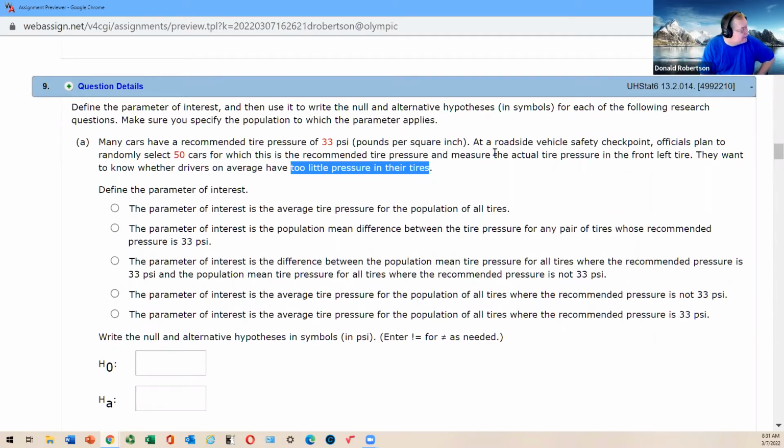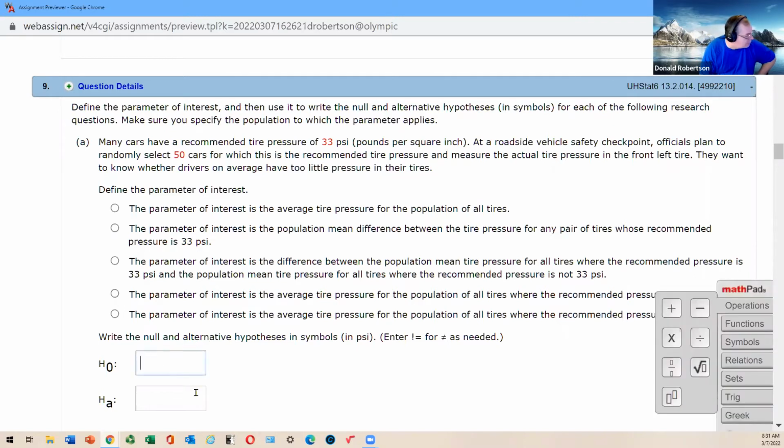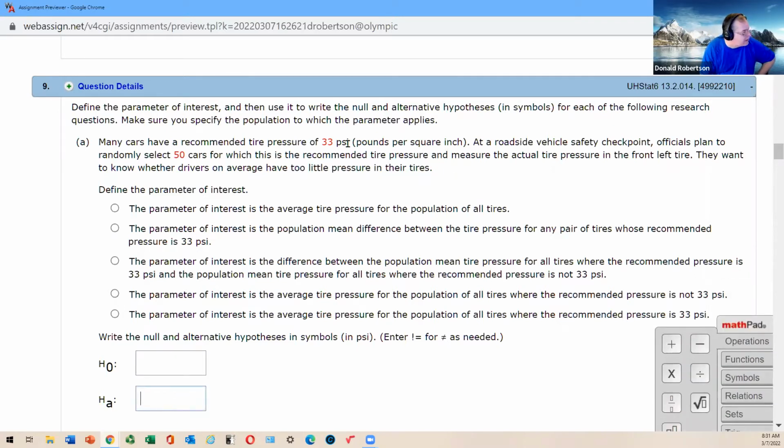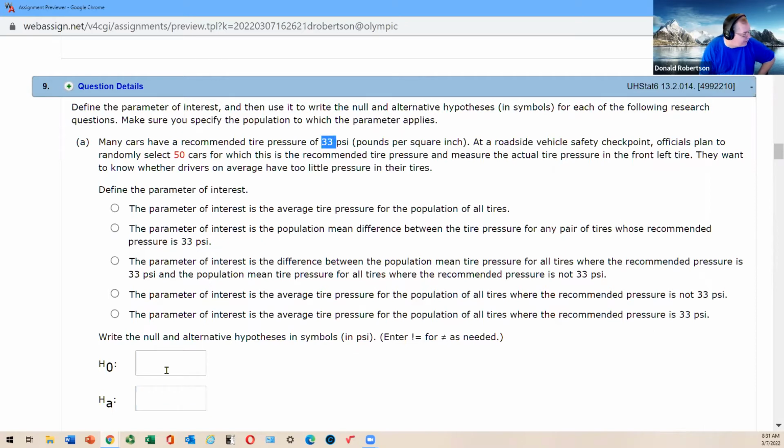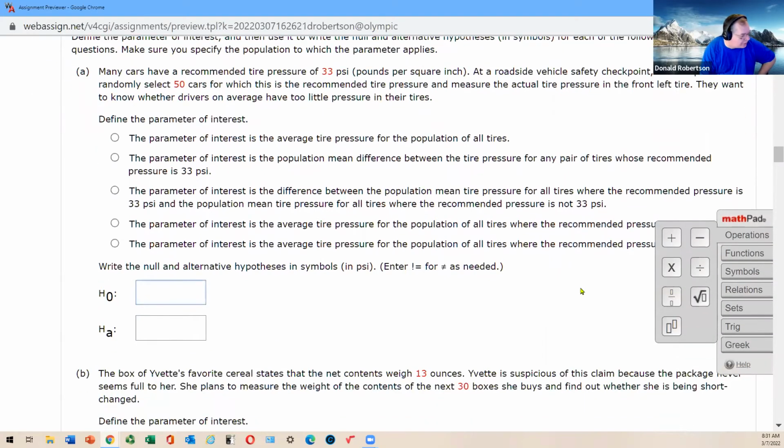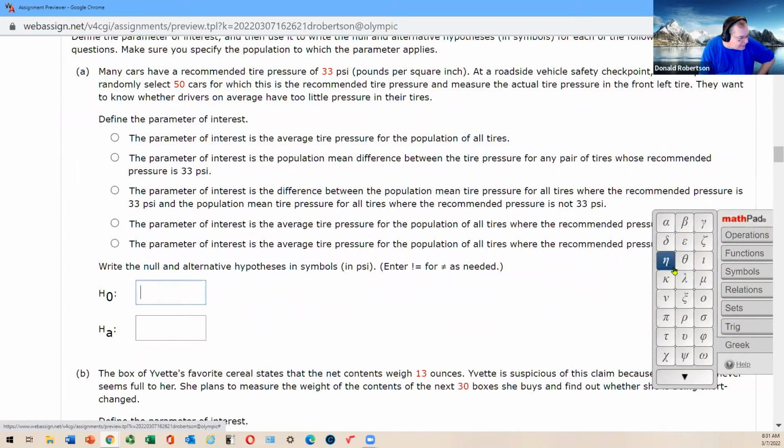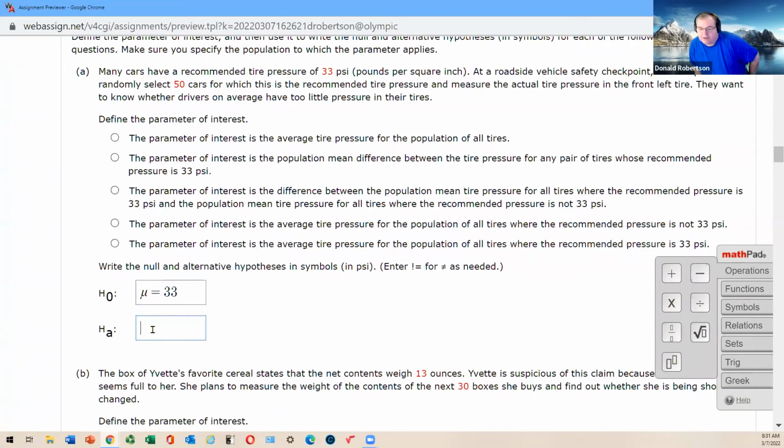We are interested in the null and the alternate. That guy's 33, so you want mu equals, so I'm going to hit the Greek letter, and there's mu. And I know it's going to equal 33. Now, in this story, do we wonder if it's different, bigger, or less? Which one is this story about?